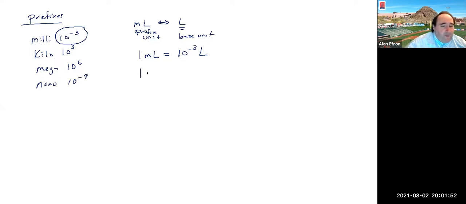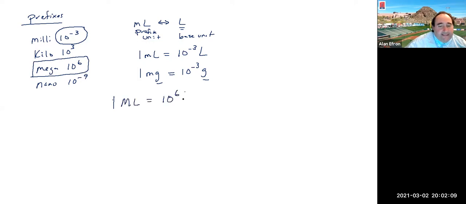Just like 1 milligram is 10 to the minus 3 grams, grams being the base unit. 1 megaliter is 10 to the 6 liters. And 1 nanometer, like we did, is 10 to the minus 9 meters.